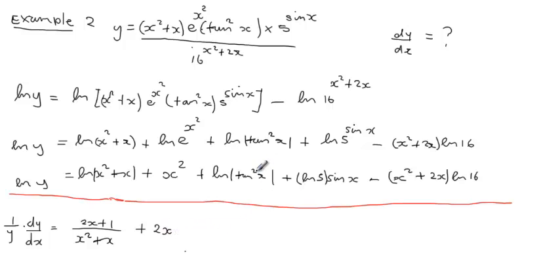When I come here, I do exactly the same thing. Plus 1 over the argument, which is tan squared x, sorry, multiplied by the derivative of tan squared x. There is a power function, power acting on tan. So I'll have 2 brackets tan x to the power 2 minus 1.